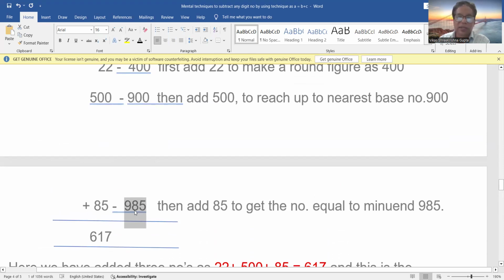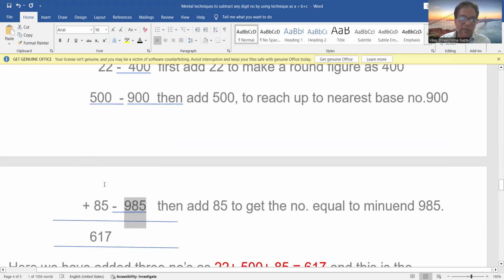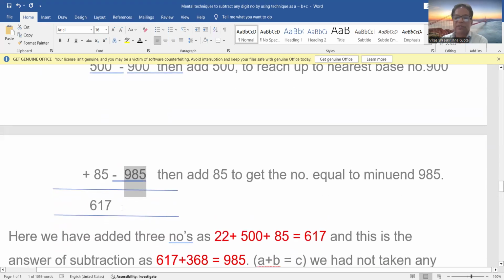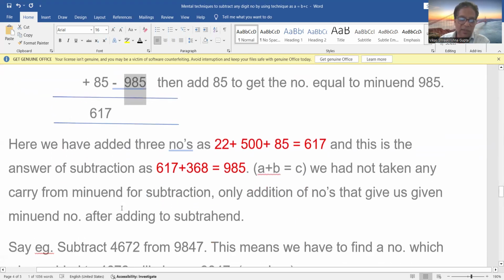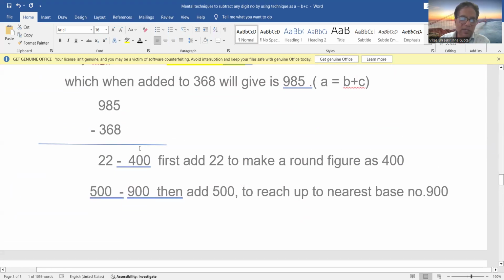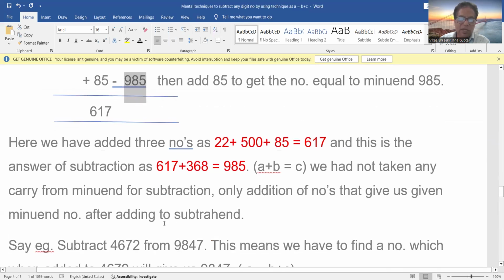Now, what is the answer? You add all these numbers, 22, 500, and 85, and you get the number 617. Means when you subtract 368 from 985, your answer will be 617, because 617 plus 368 is equal to 985.